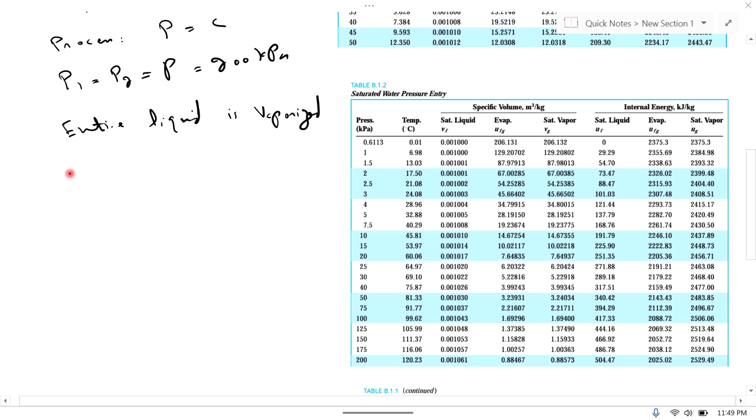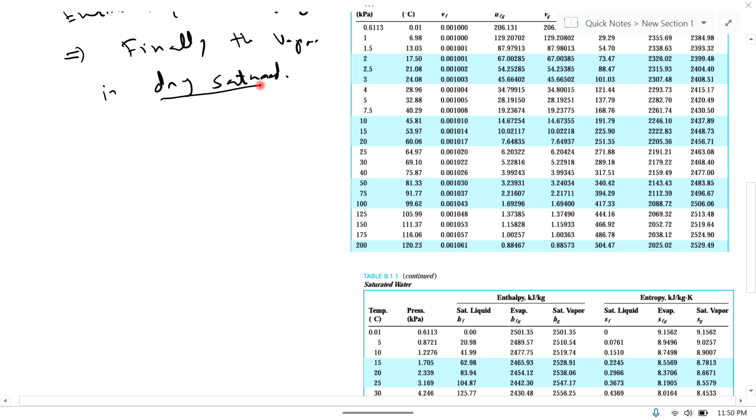It means that finally the vapor is dry saturated. It means that completely it converted into vapor. So this is dry vapor, no liquid involved in it.